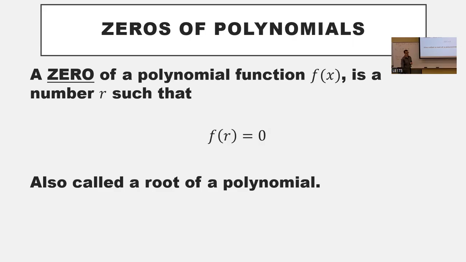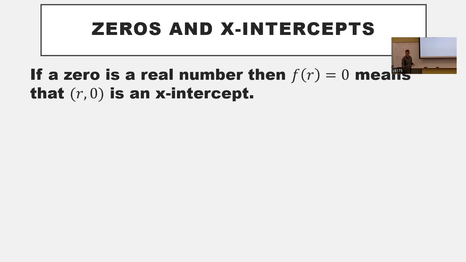So a zero and a root are the same thing. X-intercepts correspond to zeros that are real numbers. So if our 0 happens to be a real number, then we know we get an x-intercept.